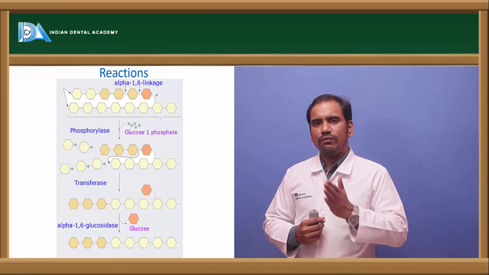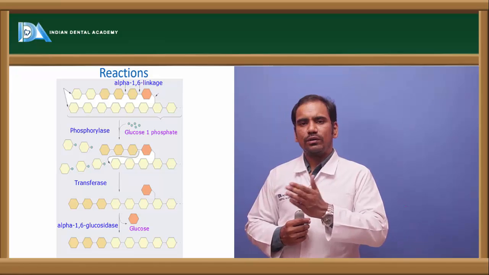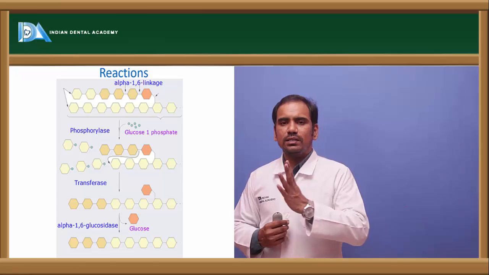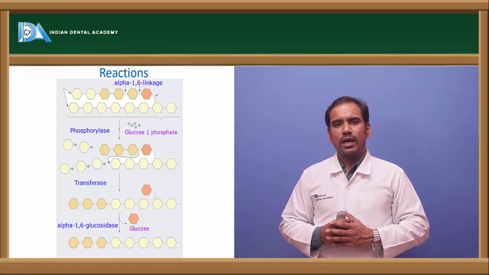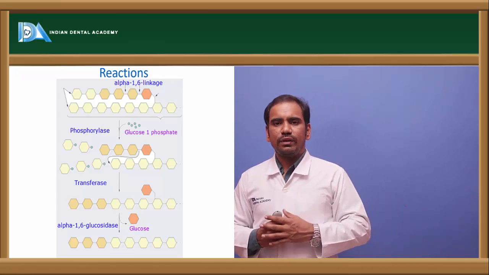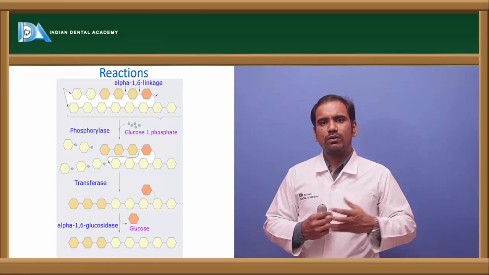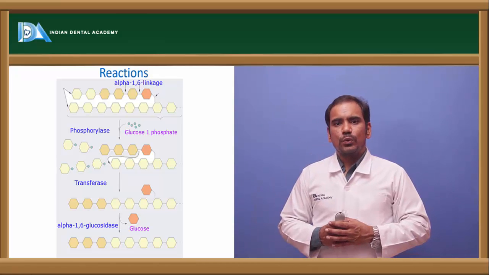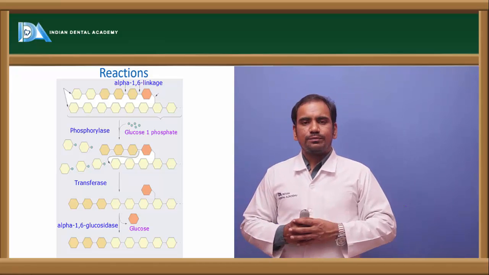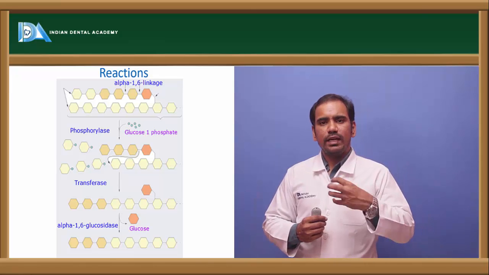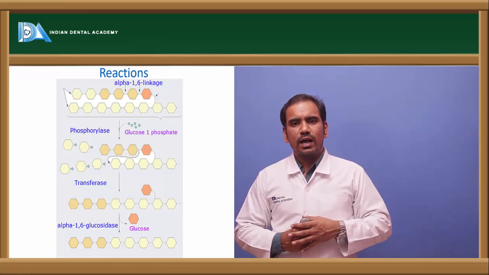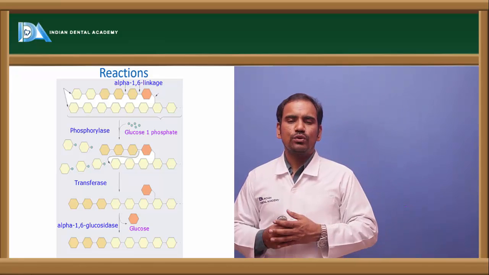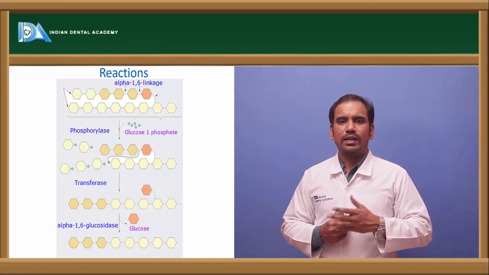So the end product of glycogenolysis in muscle is glucose 6-phosphate, which enters into glycolysis to supply energy. In liver, glucose 6-phosphate can be converted into glucose by glucose 6-phosphatase. So the purpose of glycogenolysis in liver is to maintain the blood glucose level, and in muscle it is to supply glucose for energy, for glycolysis.